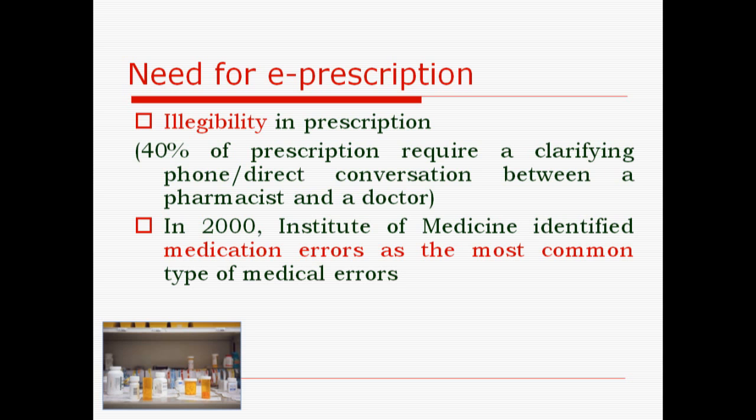Thus, the electronic prescription is an effort to overcome such clarifying conversations, because as I already mentioned, there is a direct contact between the prescriber and the pharmacist, so they can directly interact. There would be lesser chances of clarifying calls or clarifying communication between them.